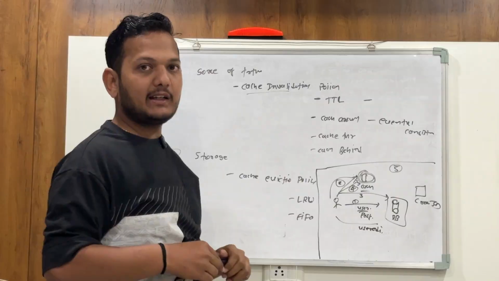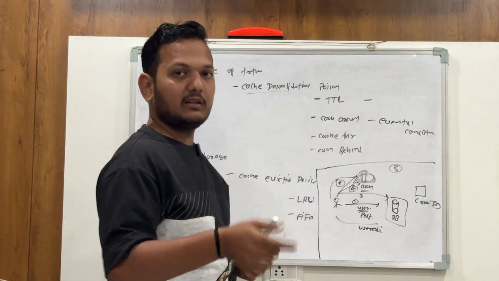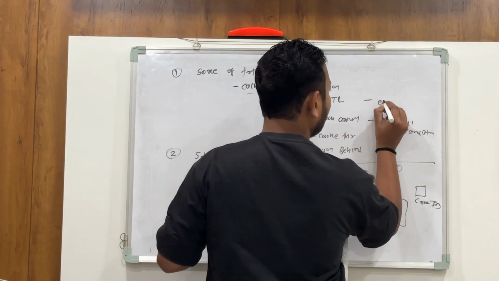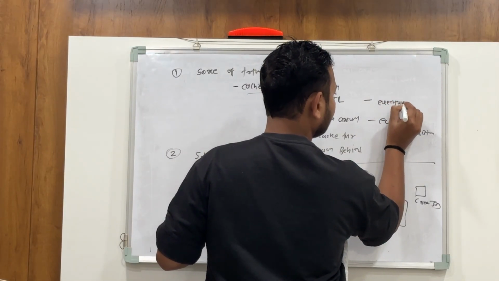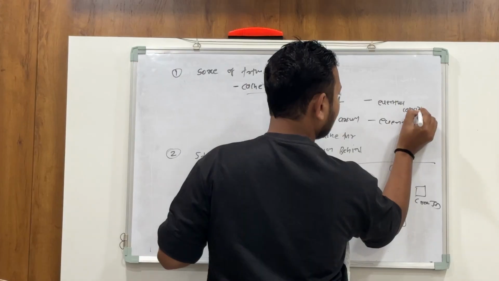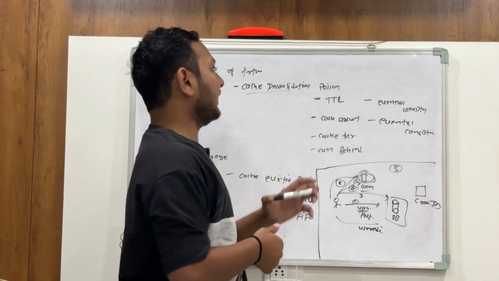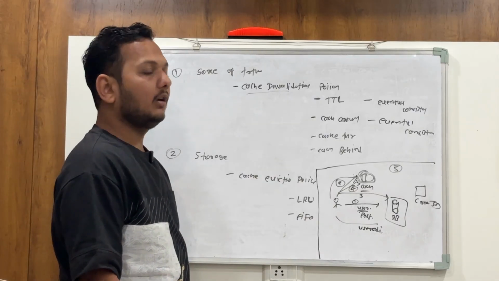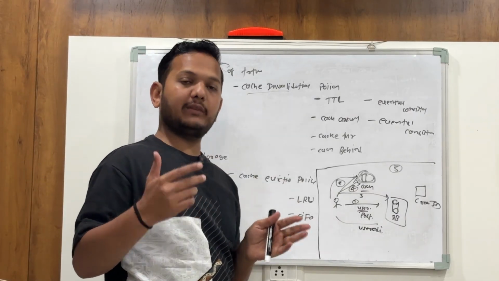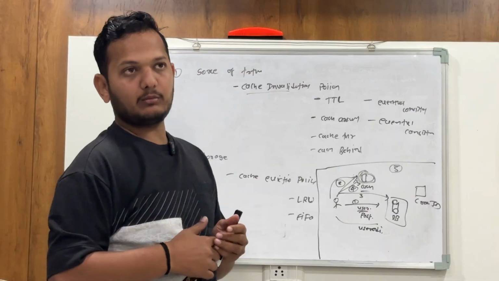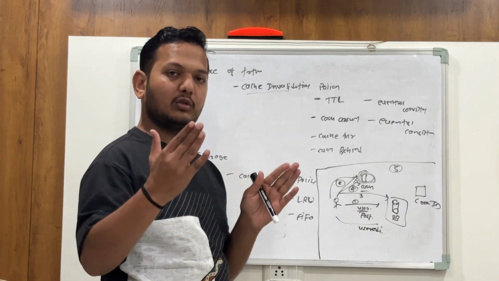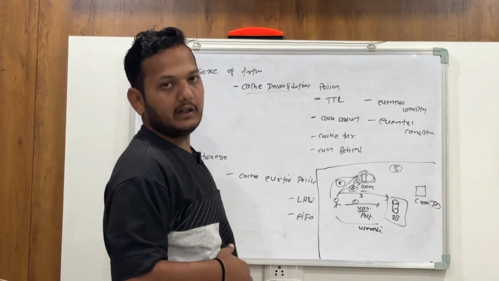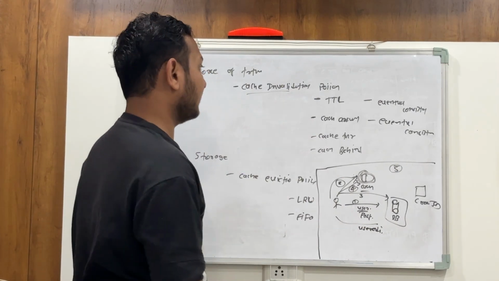In that TTL as well, there is a chance. From the TTL we can achieve eventual consistency, but we cannot achieve immediate consistency, because if I have set a 10 minute TTL, then within those 10 minutes the user can get stale data. So that is again eventual consistency.